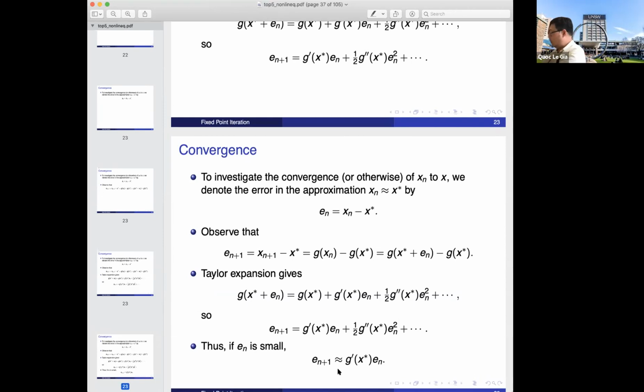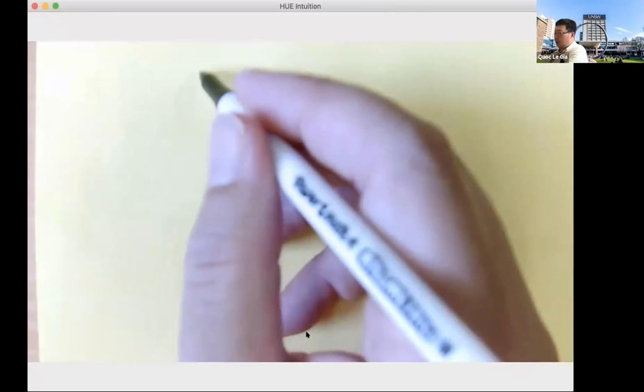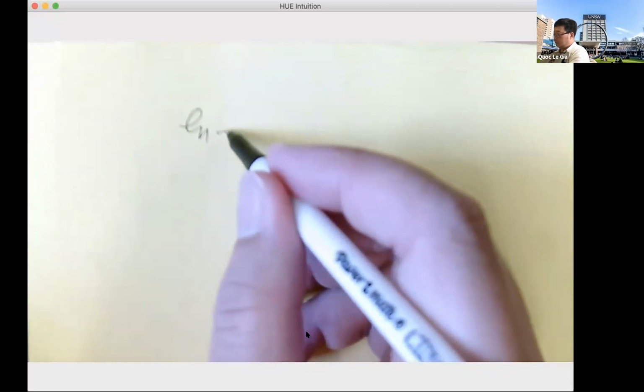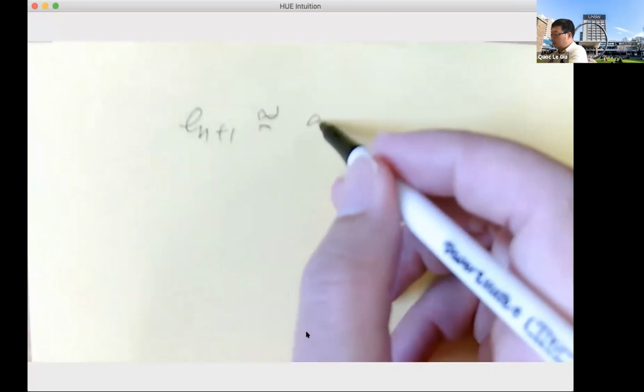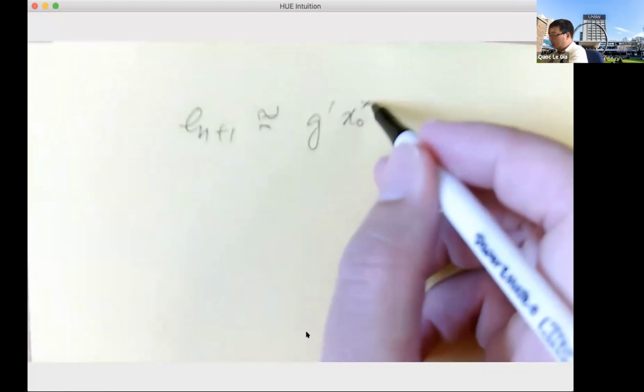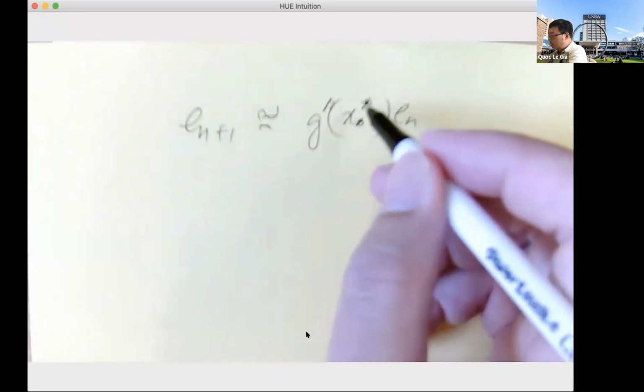So now I'm going to write down the last equation. I just have e_{n+1} approximately equal to g'(x*) e_n, right?